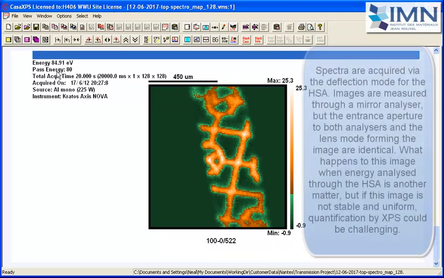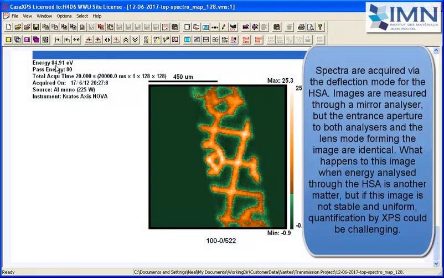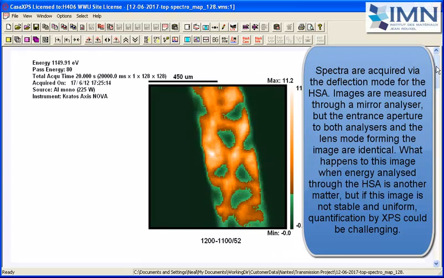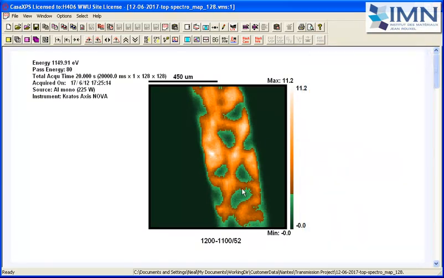And this is at a binding energy of 85 electron volts. And if I slide up this binding energy scale, or down in kinetic energy, you can see that an image remains part of the analysis area in this particular mode. We're using field of view 1 slot mode to measure these spectra.